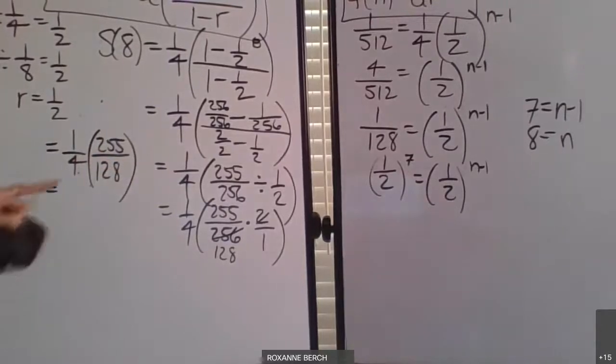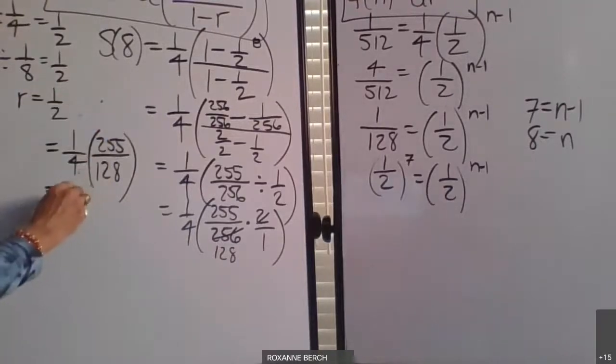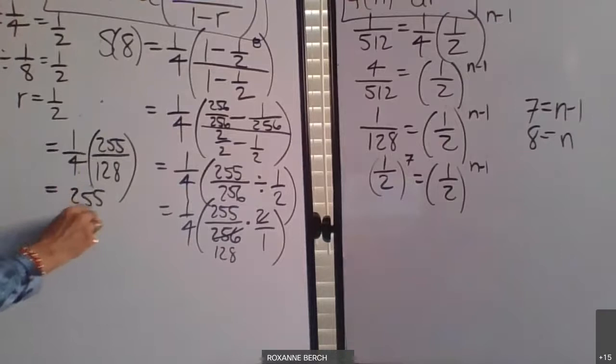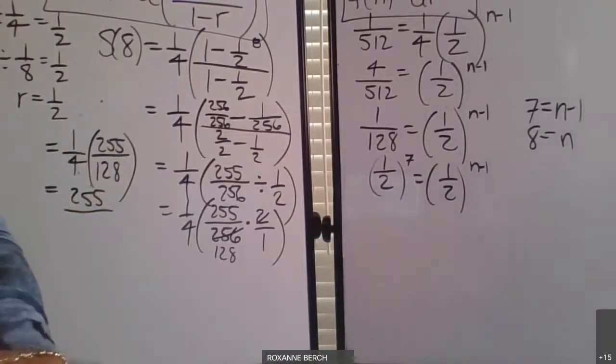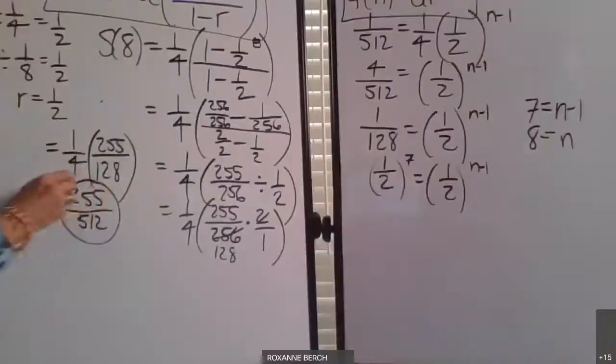And by the way, if you cannot cross cancel, you're done. So the final answer would be 255 over, what's 128 times 4? 512. So that would be your answer. That would be an exact answer. Do not give me a decimal.